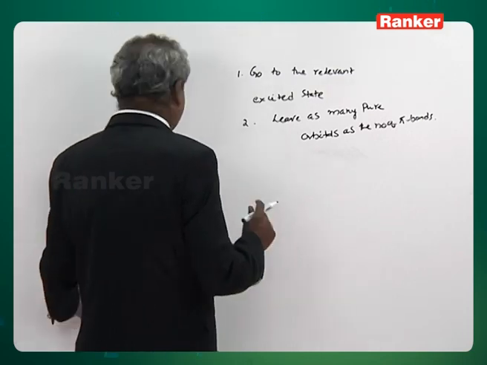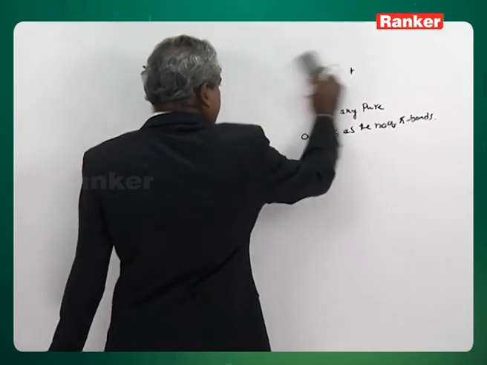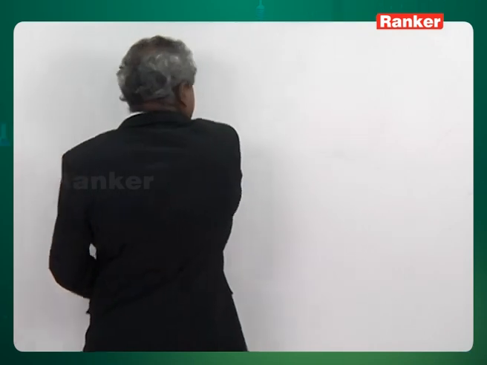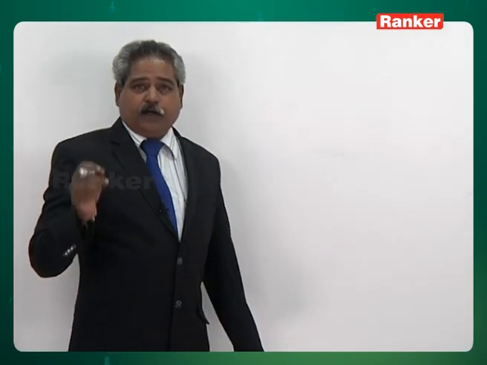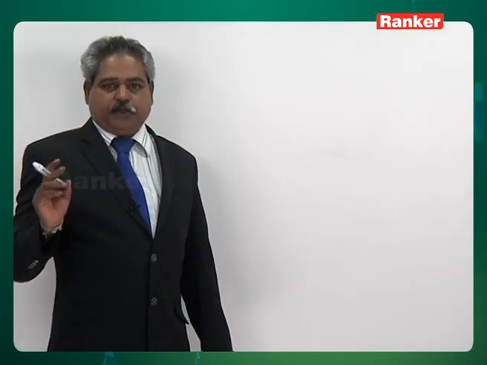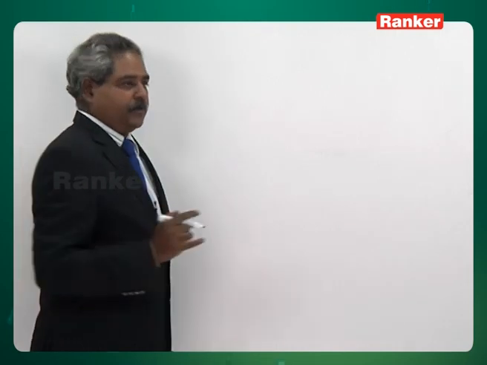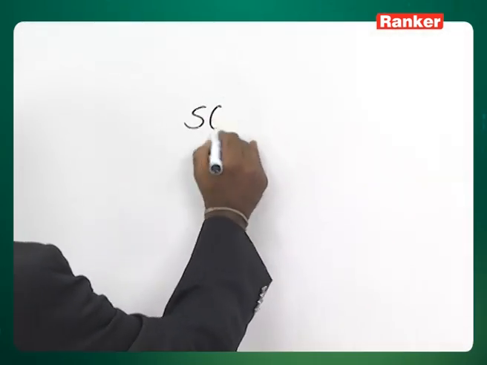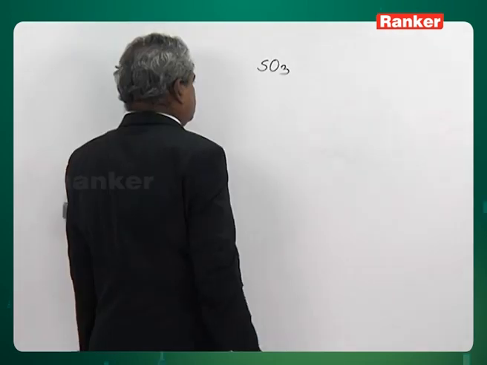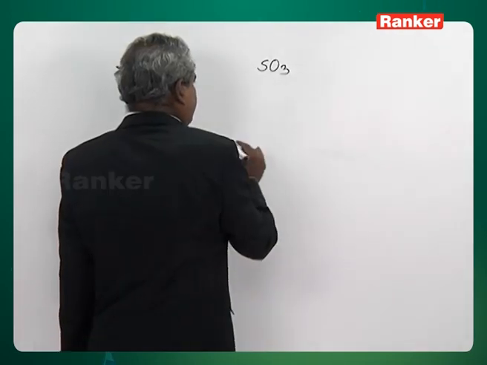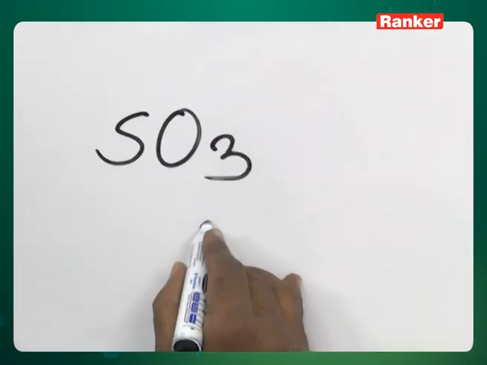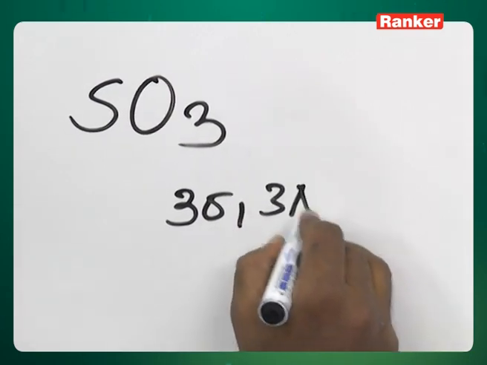Now let us try to apply this for SO3. You have seen this is a simple two-step procedure. Just two steps. SO3, sulfur: 3 sigma bonds, 3 pi bonds.